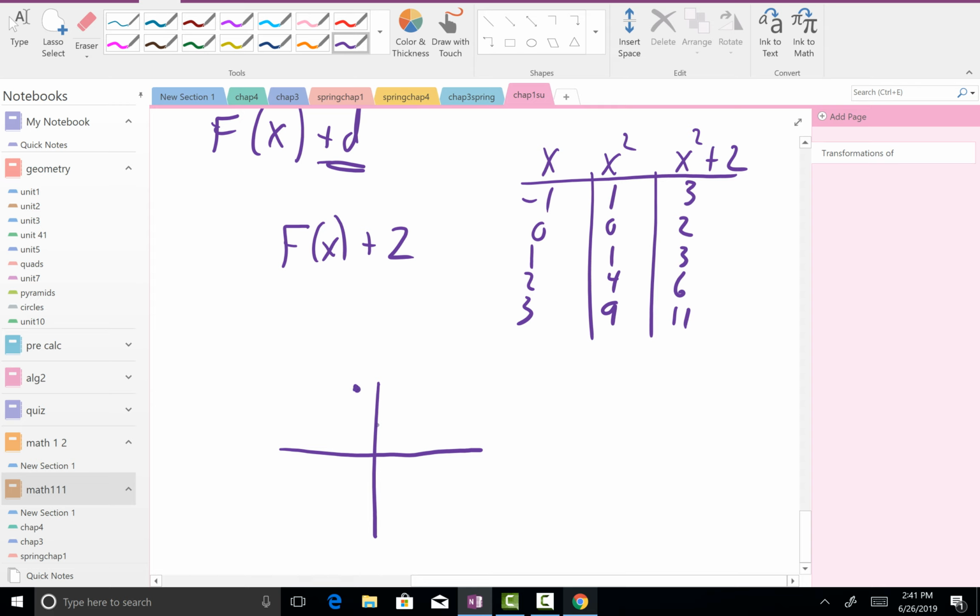I got 0 and 2, that's about there. I have 1 and 3 again, and 3 and 11 way up here. So there's my curve. And like we would suggest, that's been moved up 2 units. But you're adding the d value after you perform whatever the function is, and that's why it's being shifted up.